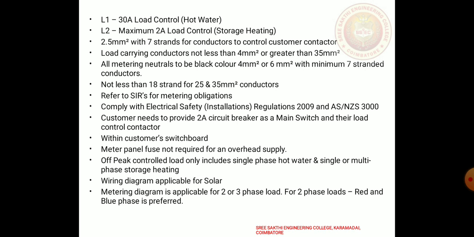Meter panel fuse is not required for an overhead supply. Here the customer needs to provide a 2 amp circuit breaker as main switch and their load control contactor. Here a maximum of 2 amps load control is for storage heating purposes. All metering neutrals are to be black color, 4 mm squared or 6 mm squared, with minimum 7 standard conductors.